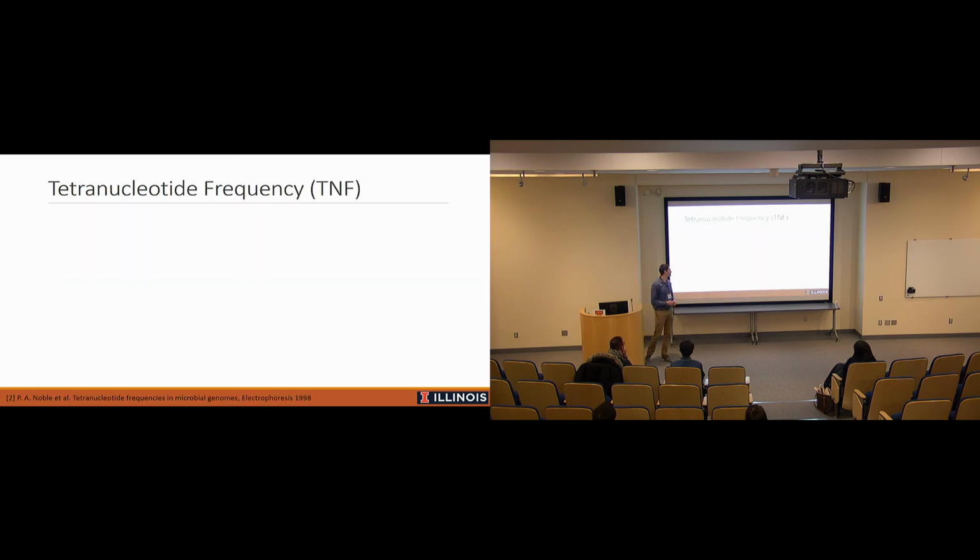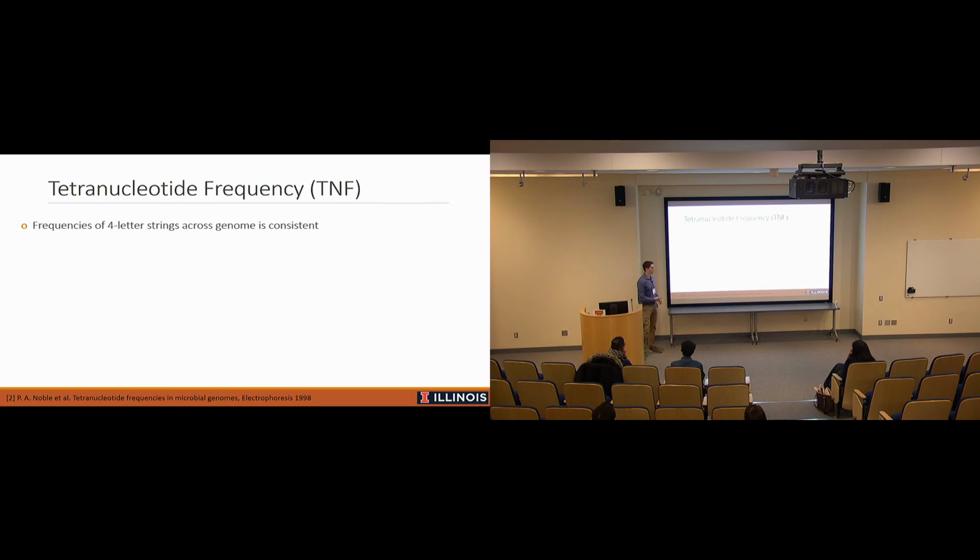Well, the state-of-the-art methods use something called the Tetranucleotide Frequency. It sounds fancy, but all it is is the frequency of four-letter strings across a sequence. So how many times you see AAA and how many times you see AAT, etc. And it's been shown empirically that this is remarkably consistent across a given species genome.